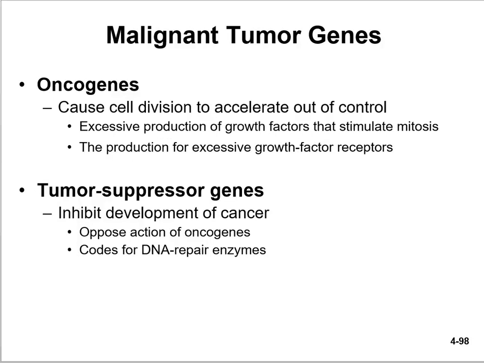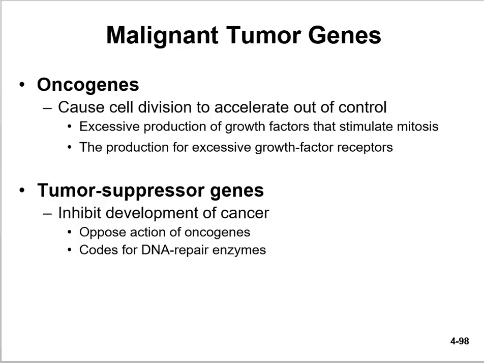Oncogenes cause cell division to accelerate out of control. Basically, they're going against the cell cycle. In the cell cycle, chemicals would normally control the growth of a cell, letting it know when it should divide and when it shouldn't.